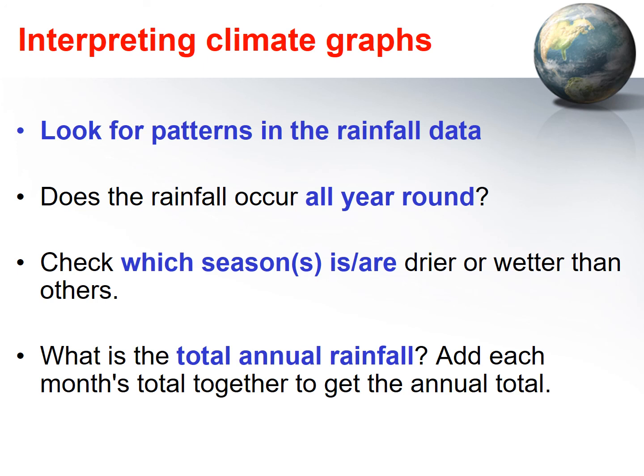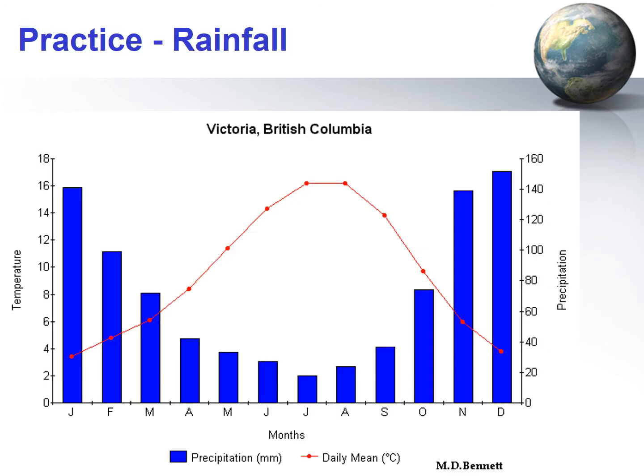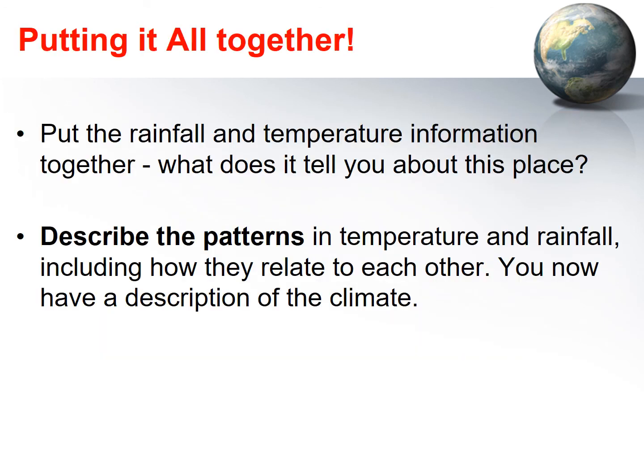And you get this by adding together the total of each one, like this for Victoria. And how you put it all together, you put the rainfall and temperatures together, and that will give you a working idea of what to expect for whatever location, geographical area, city you're going to.